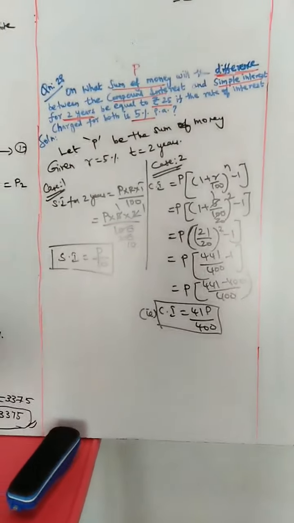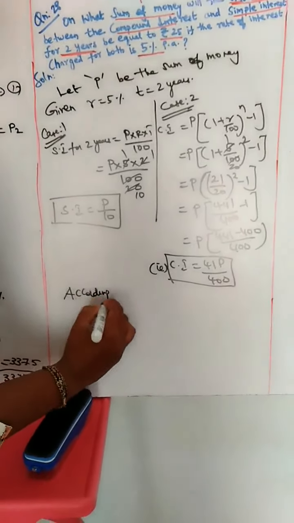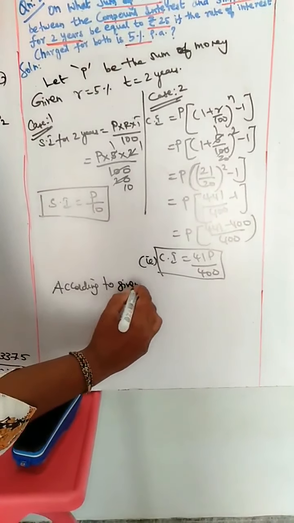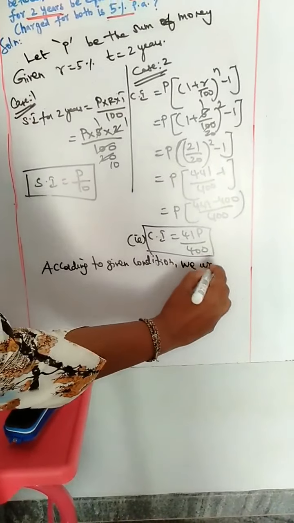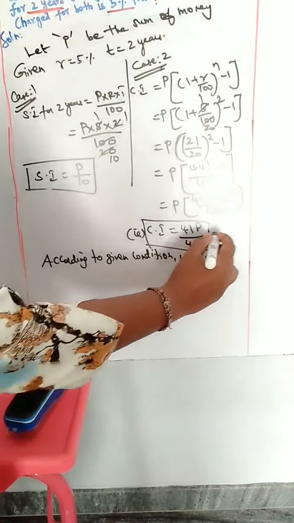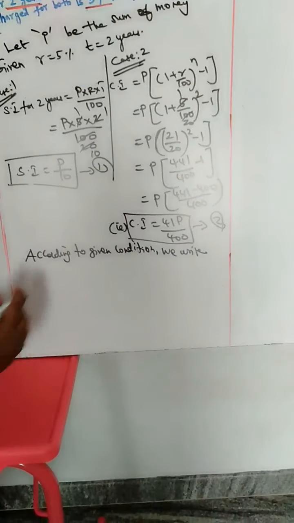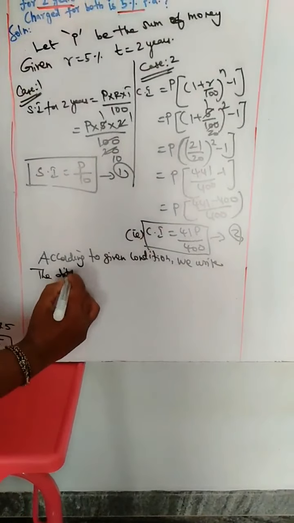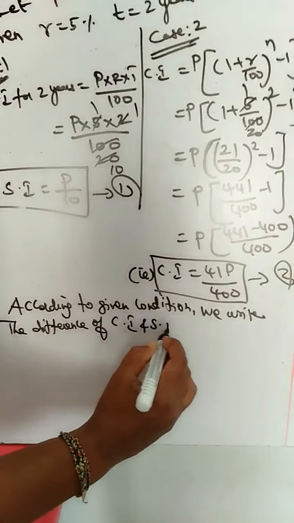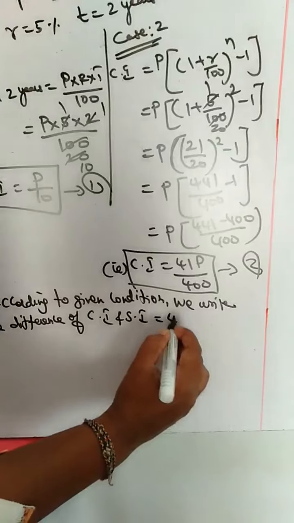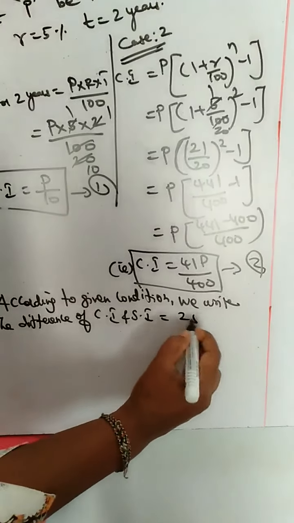So it is given in the question that according to the given condition, naming these as equation 1 and equation 2, the difference of CI and SI equals 25.